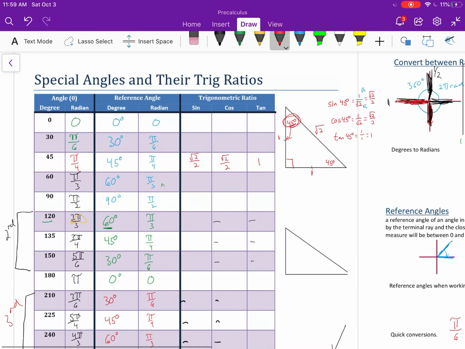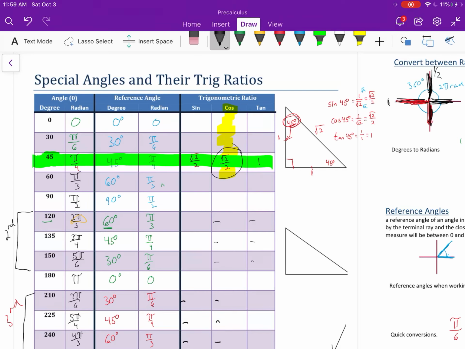As we look at this table, if we want to find the cosine of 45, we look at 45 here and the cosine here, and right there is cosine of 45, or again, if we're talking about radians, cosine of pi over 4.